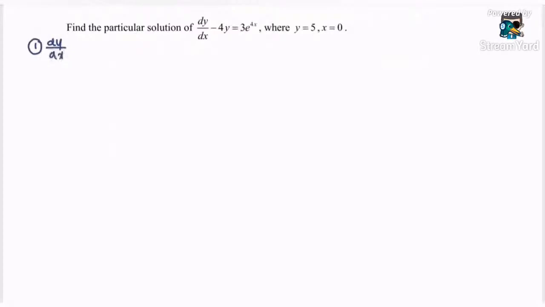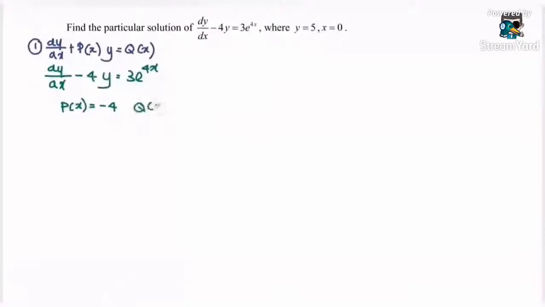So if you compare the situation, we have dy dx minus 4y equals to 3 exponent 4x. So in here, we notice that px is equals to negative 4 and qx is equals to 3 multiplied with exponent 4x. So, nampak tak?